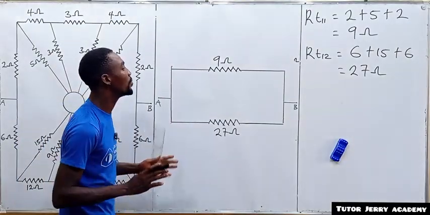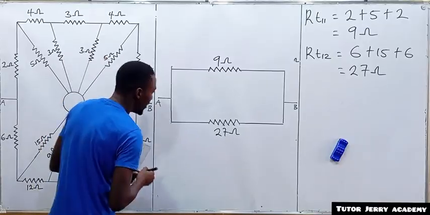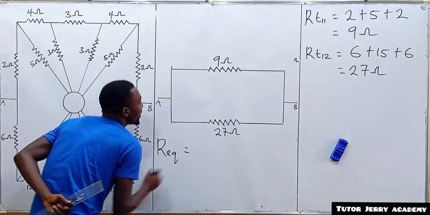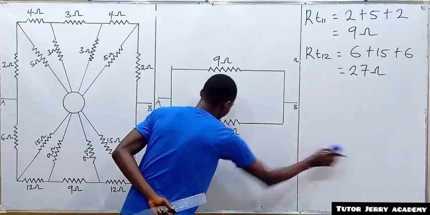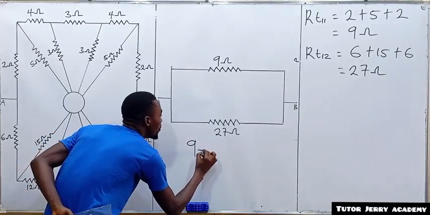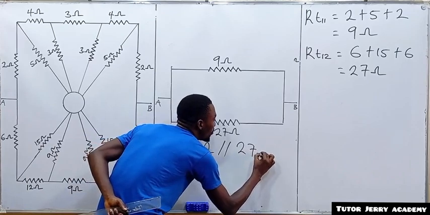So we are now going to be finding the equivalent resistance between terminal A and B. So R equivalent will be equals to, okay, I like step by step work. So we can say 9 ohms is parallel to what? 27 ohms.